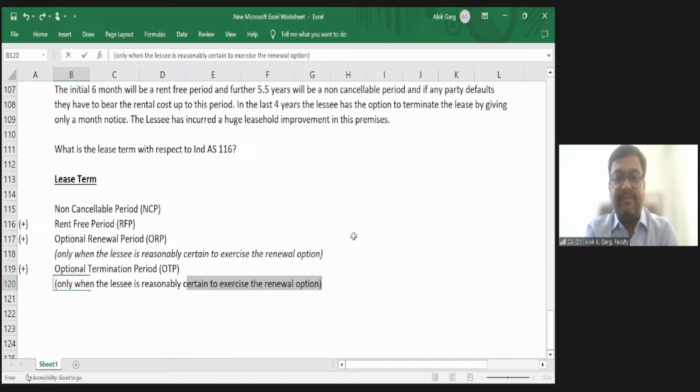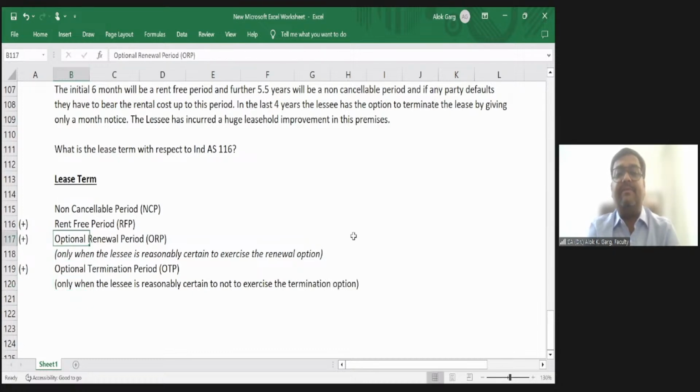Please see what am I writing? Lessee is reasonably certain to not to exercise the termination option.